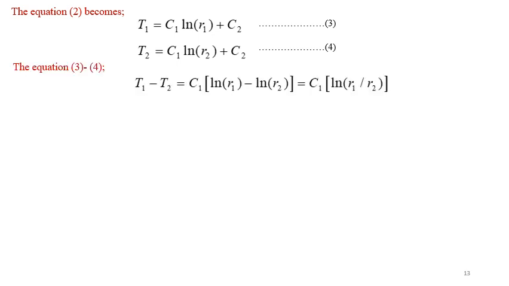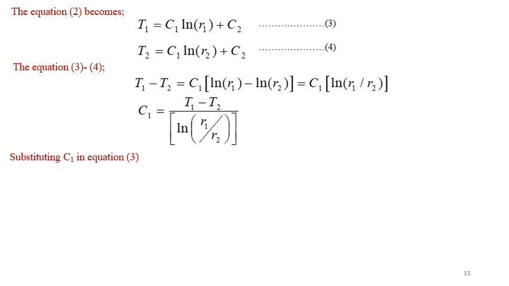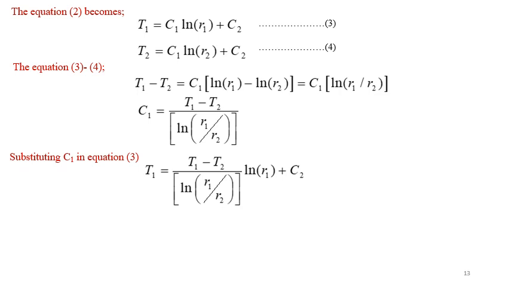Equation 3 minus 4 will give T1 minus T2 is equal to C1 into ln r1 minus ln r2, which is equal to C1 into ln r1 by r2. Therefore C1 is equal to T1 minus T2 divided by ln r1 by r2. Similarly, you can get the value of C2. Substituting C1 in equation 3, T1 is equal to T1 minus T2 divided by ln r1 by r2 into ln r1, plus C2.